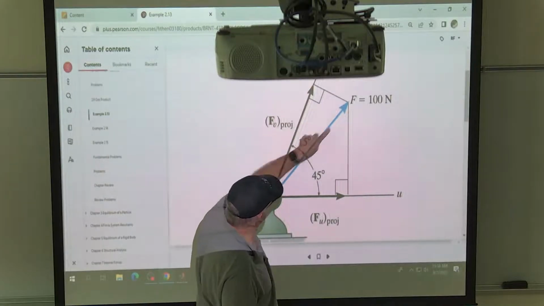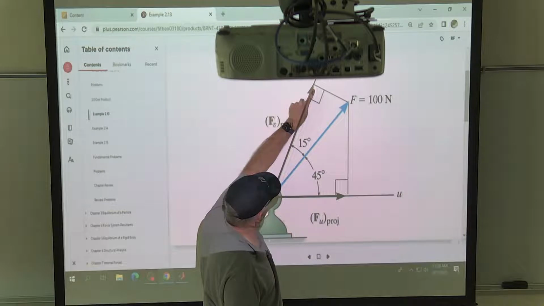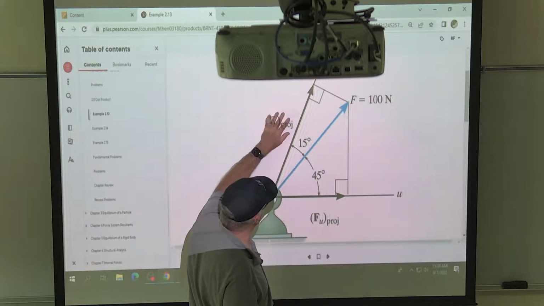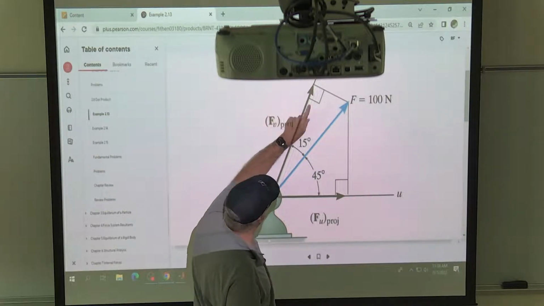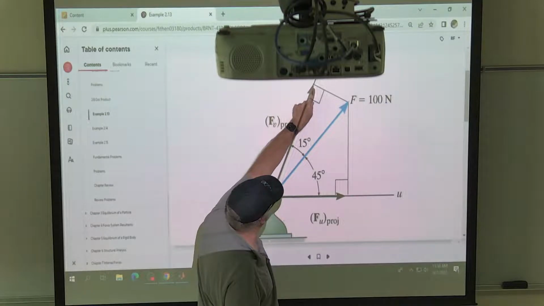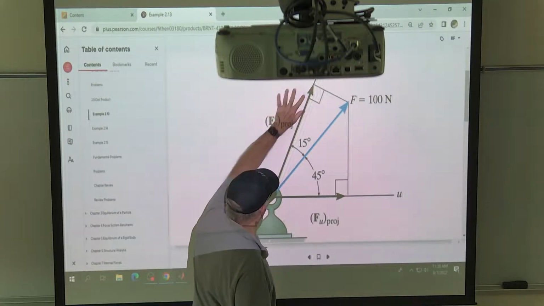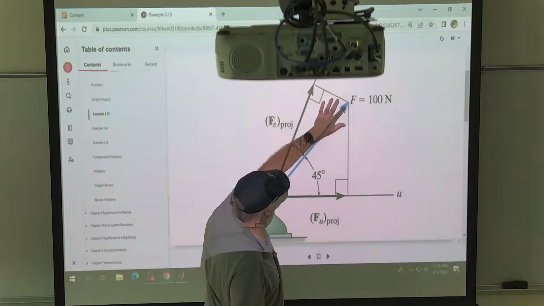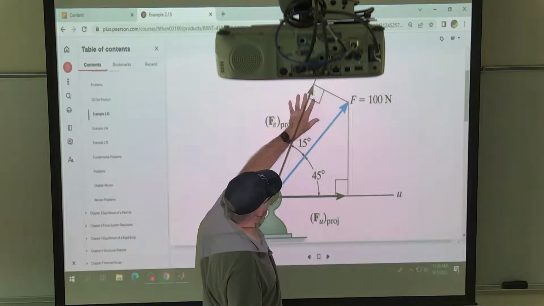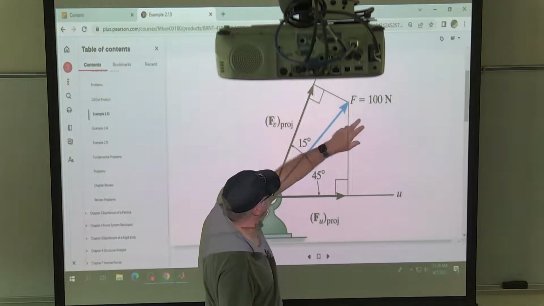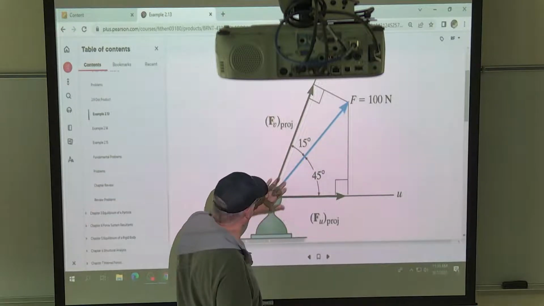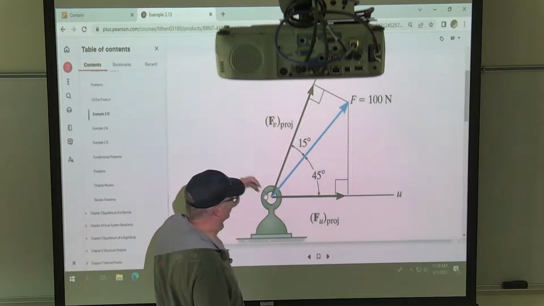So it always makes the right triangle. If you figured out one of them, say he wanted to know this one, you would take this length squared plus this length squared, and that would be this one squared. So whenever those things happen, they're projections.